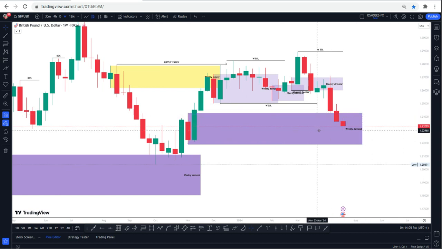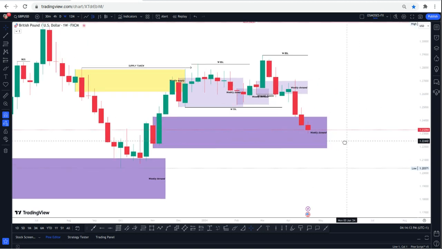So what I'm looking out for now is to see a reaction of a buy setup in here, and take note, you must have a model that you want to see. What I want to see is price take out liquidity, change structure, and then I want to go in. If I don't see this, I'm not interested.